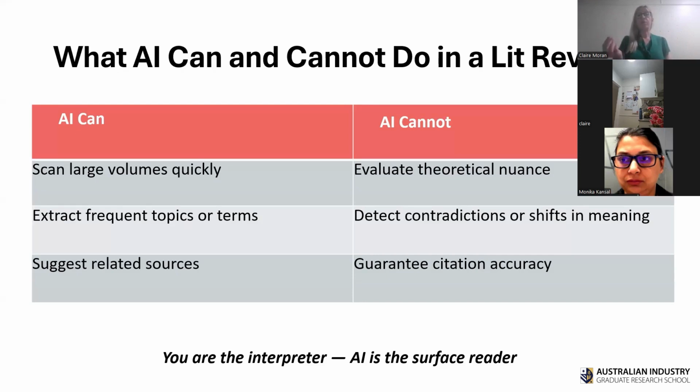Extracting frequent topics or terms, but it's not going to be detecting contradictions or shifts. It can suggest related sources, but it can't guarantee the accuracy of citations. So just remember that you are the interpreter, but AI is the surface reader.